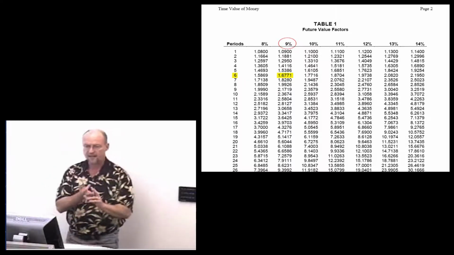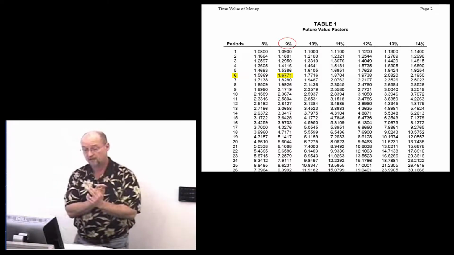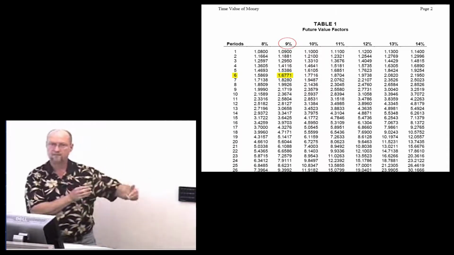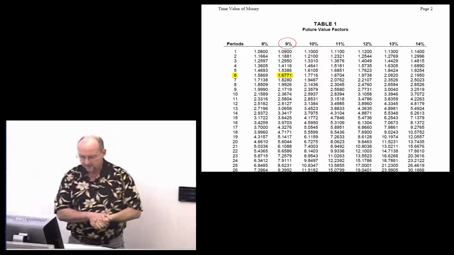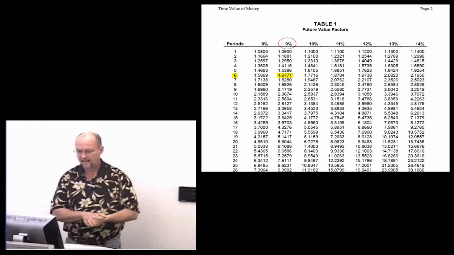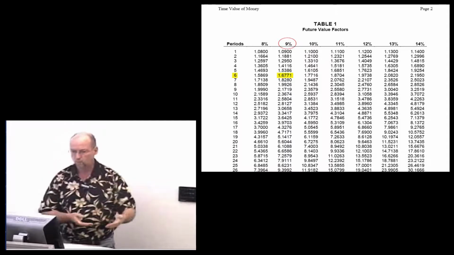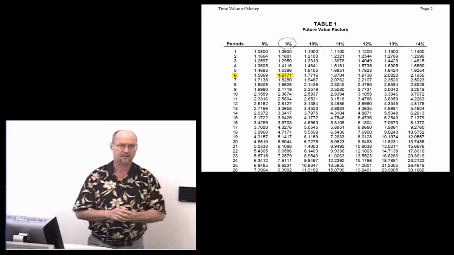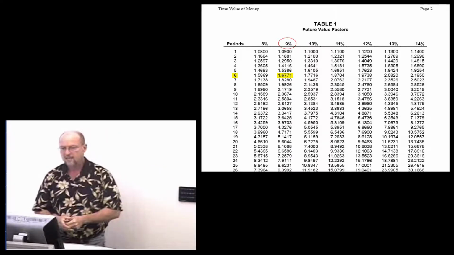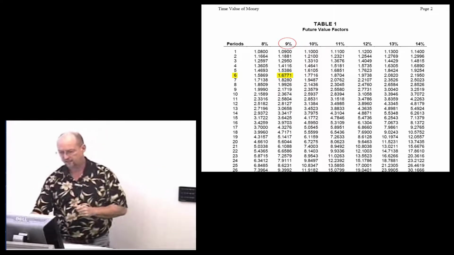So again, if I can invest $5,000 and earn 9% for those 6 years, perhaps in a CD of some sort, 6 years from now I would have 5,000 times 1.6771, and whatever that number comes to, $9,000, whatever it may be. Okay? And so these tables can make things very easy.